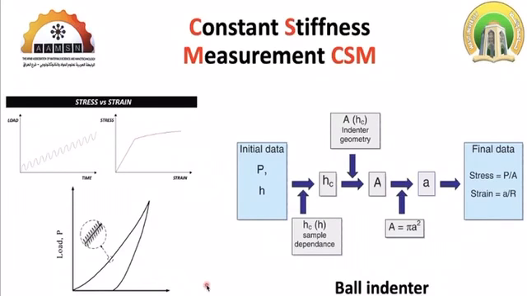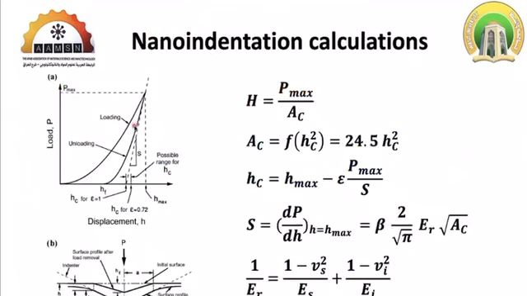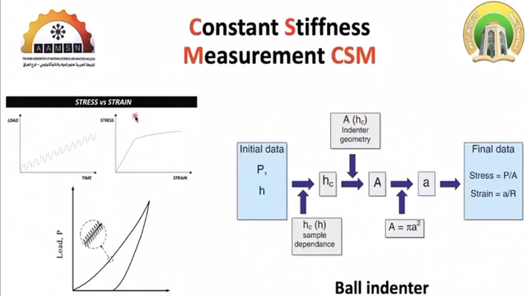Okay, now there's a mode in nanoindentation called constant stiffness measurement. For this mode, instead of applying a constant and incremental load in the loading segment as we are doing here, we can do it by applying a sinusoidal load.